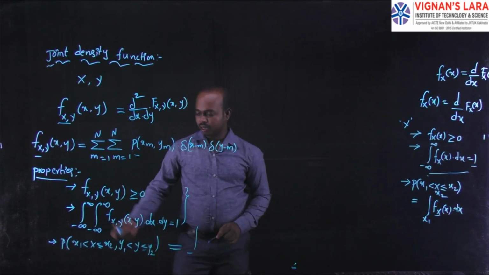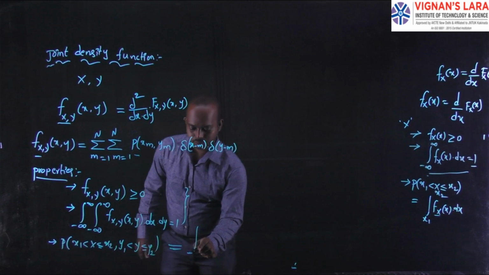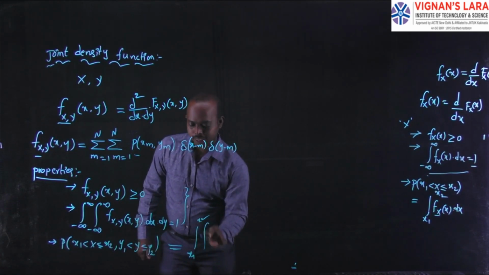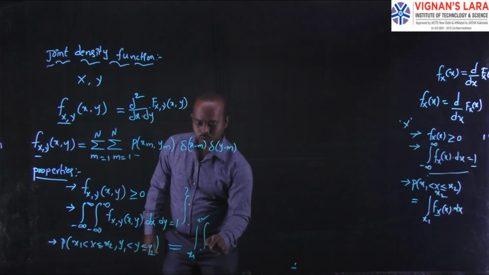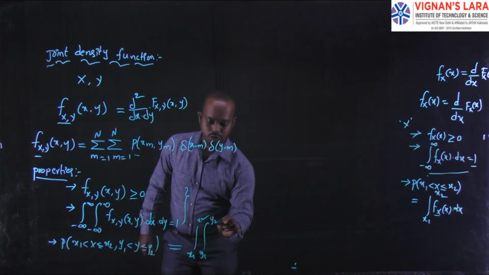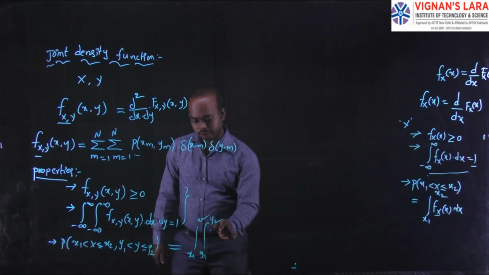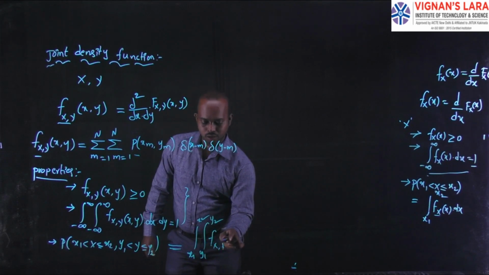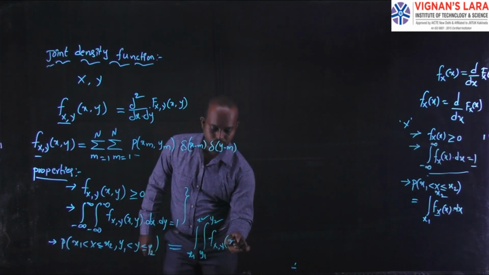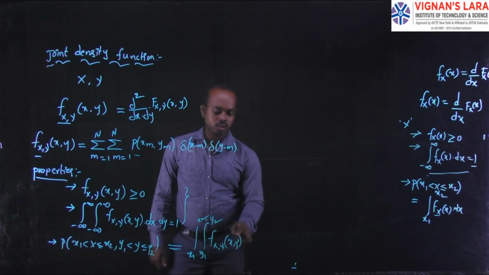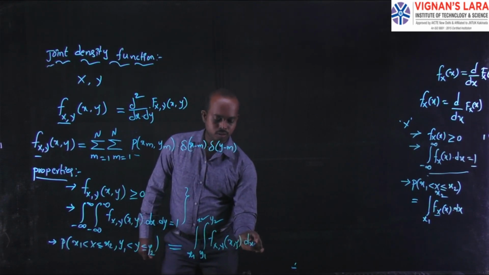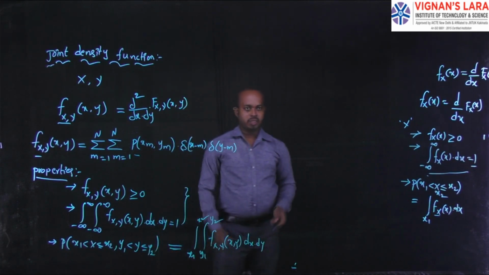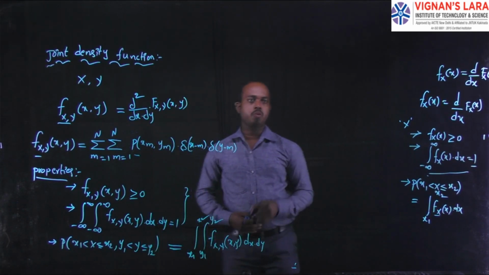The first integration limits are x1 to x2, and the second integration limits are y1 to y2, and you write the joint density function f(x, y) of x comma y, dx dy.